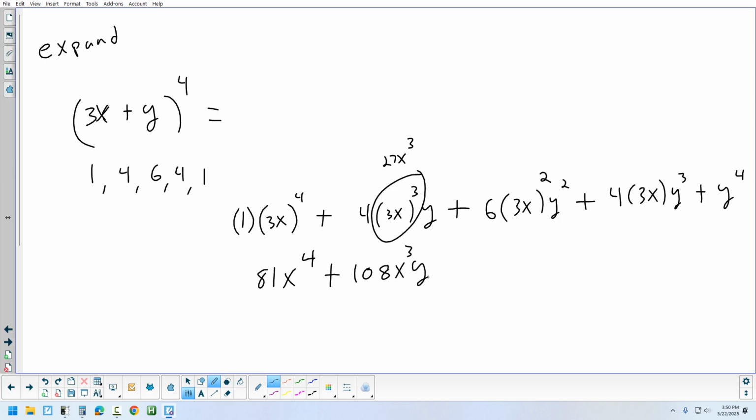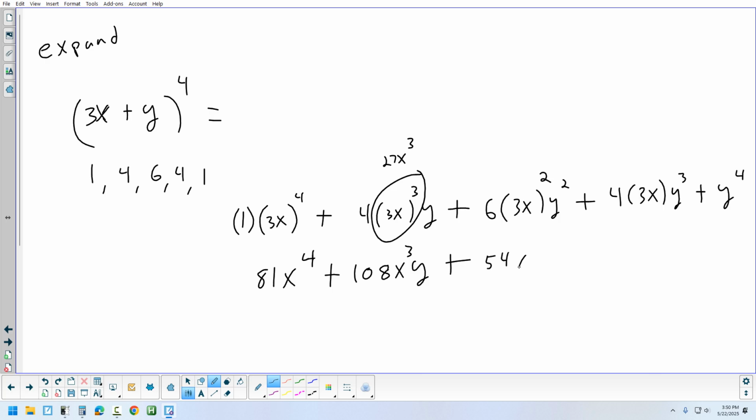And anything else we got to put with it? Y. Okay, how about the next one? 54x squared y squared.